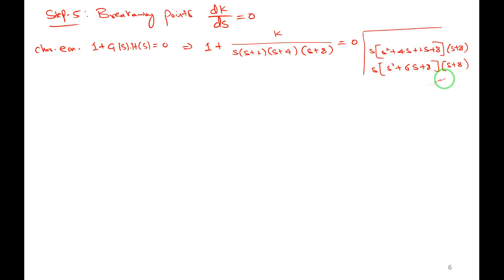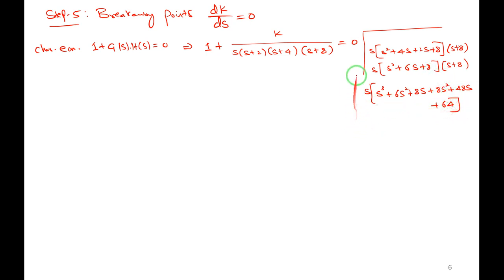I will multiply s into s square is s cube, 6s square, plus 8s. Next I will multiply 8 plus 8s square, plus 8 6s are 48s, plus 8 8s are 64.